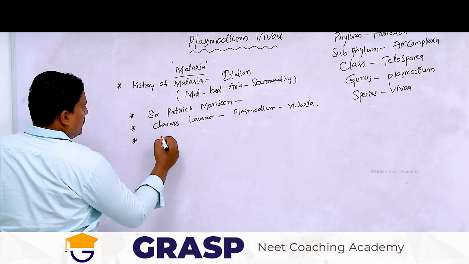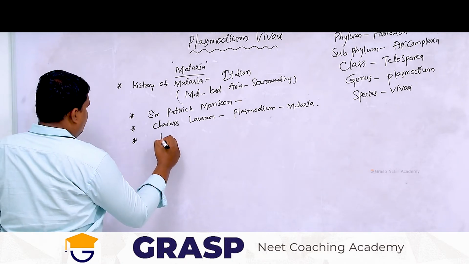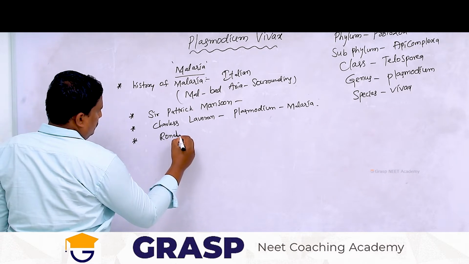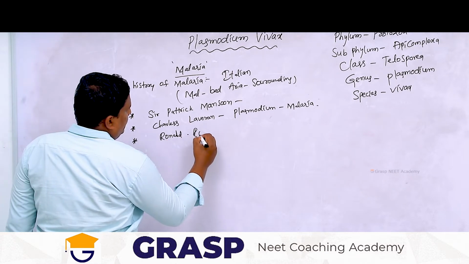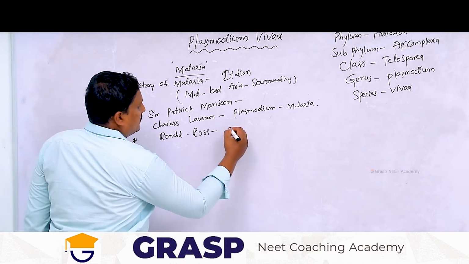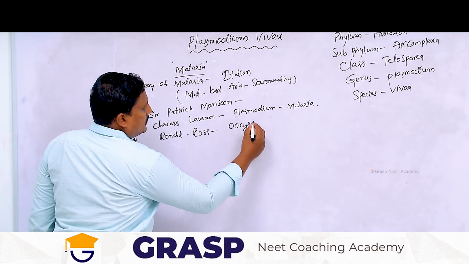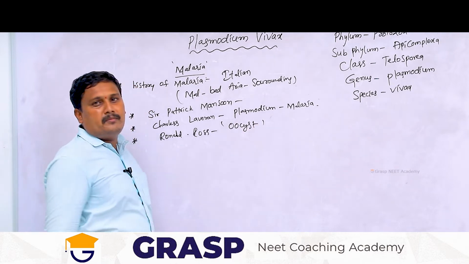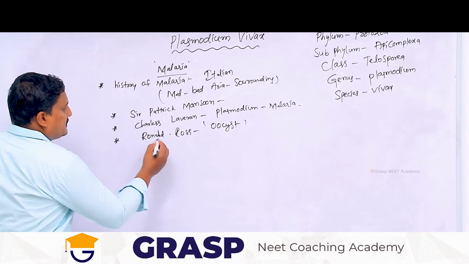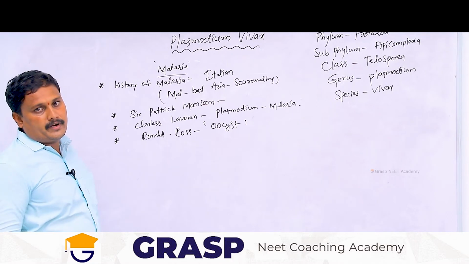Sir Ronald Ross, a British scientist, observed the oocyst of Plasmodium vivax in the female Anopheles mosquito, and hence he was awarded the Nobel Prize.